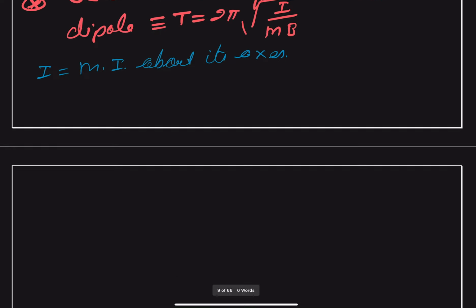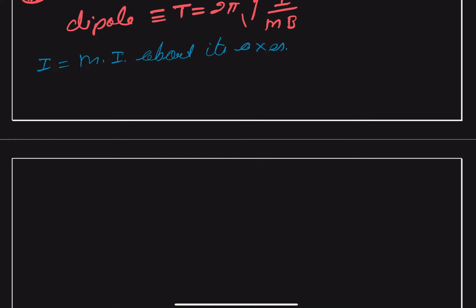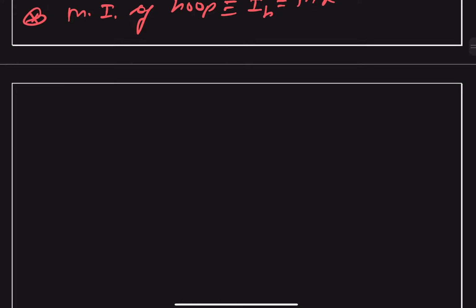Okay. So we can reformulate the moment of inertia for hoop as well as cylinder. So we say moment of inertia of hoop, let us call that IH, will be equal to mr square, and moment of inertia of cylinder, let us call that IC, will be equal to half mr square.